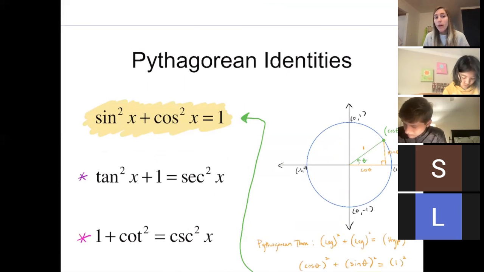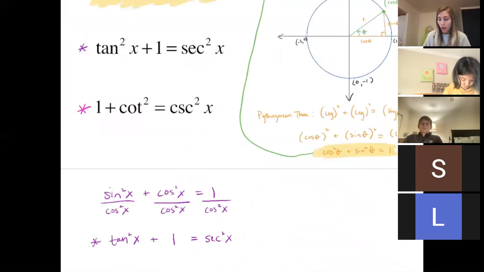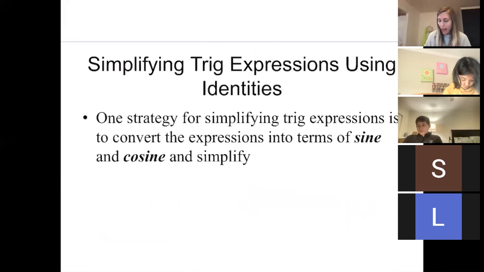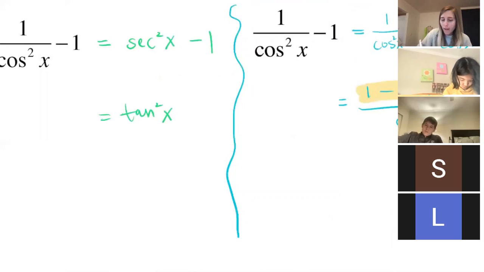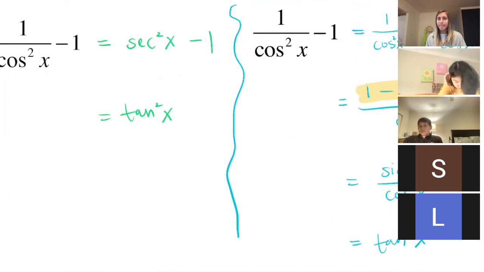So sine squared is equal to 1 minus cosine squared. So I can replace 1 minus cosine squared with sine squared. And then sine squared over cosine squared is? Tan squared.